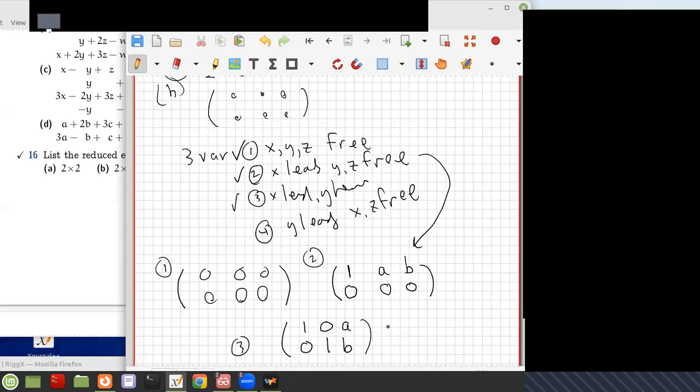Okay, so there's 3. How about 4? Y leading, but X and Z free. Well, X can't be leading, so it has to be that Y is the leading number in the first row. And so it has to start off like that if I want Y leading and X and Z free. So I can't have a 1 here because that would make Z free.